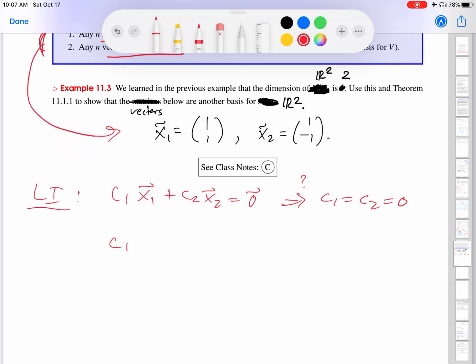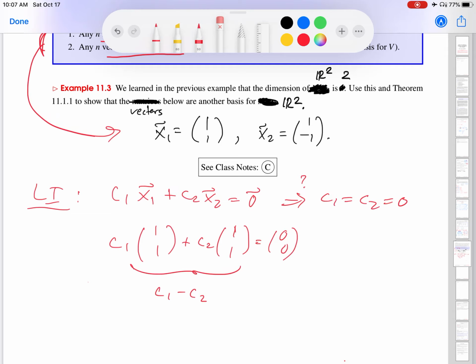Okay, so I'm going to set up this condition: c1 times (1, 1) plus c2 times (1, -1) equals (0, 0). On the left-hand side, we've seen this before. This combines to the vector (c1 + c2, c1 - c2), and I noticed that I put the minus in the wrong place, so the minus 1 should be down there. Then this equals (0, 0).